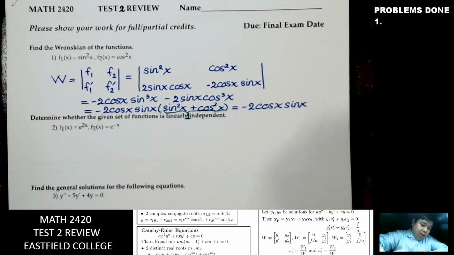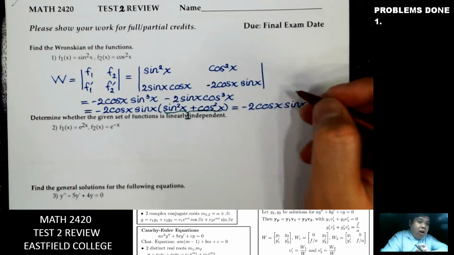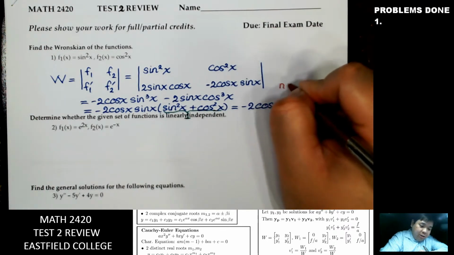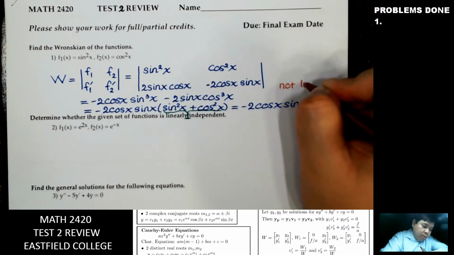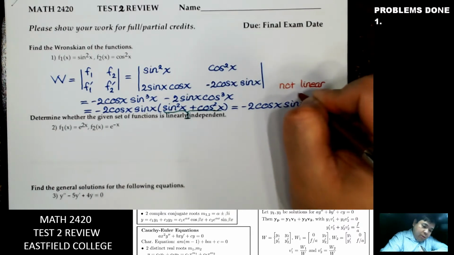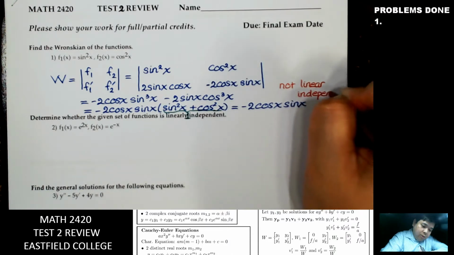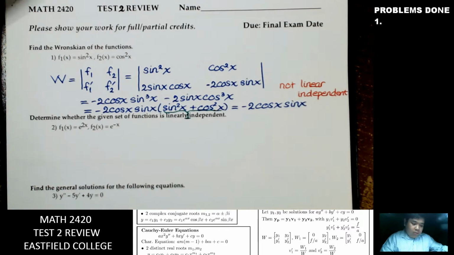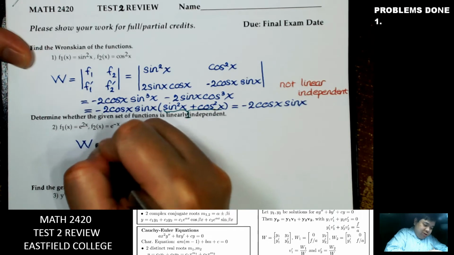Because this is not equal to 0 for every x, it has to be for every x, so it's not linearly independent. Right. I'll quickly go to the next one also.